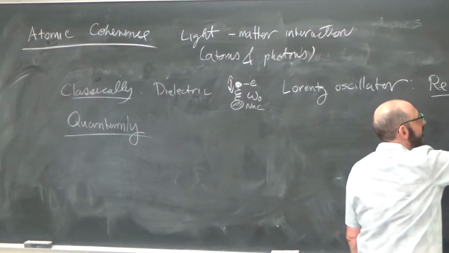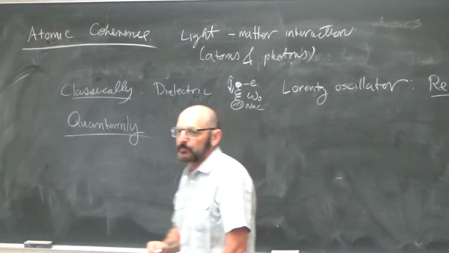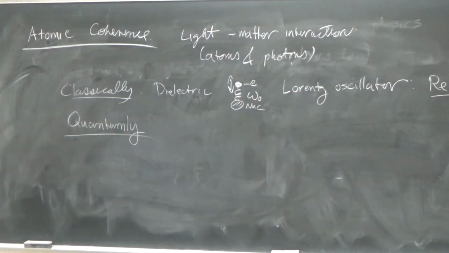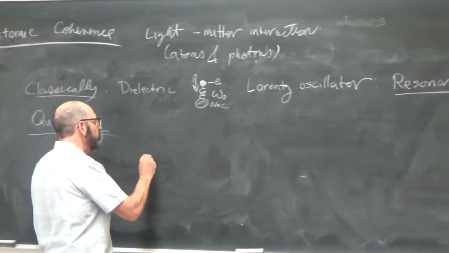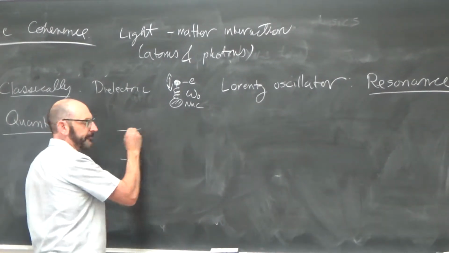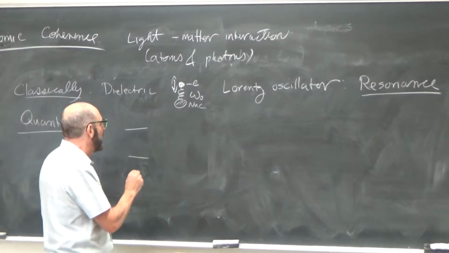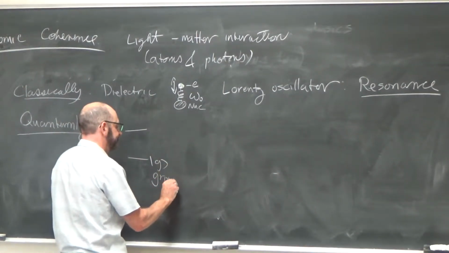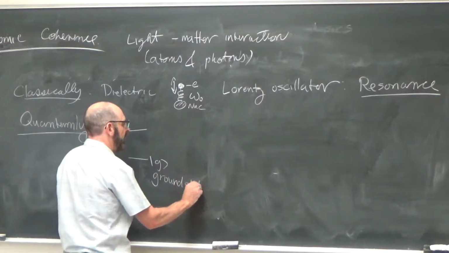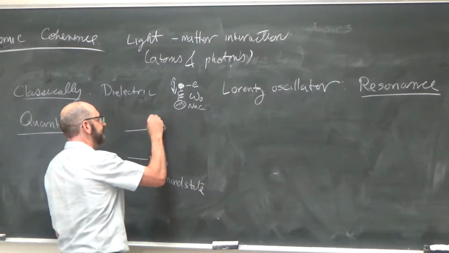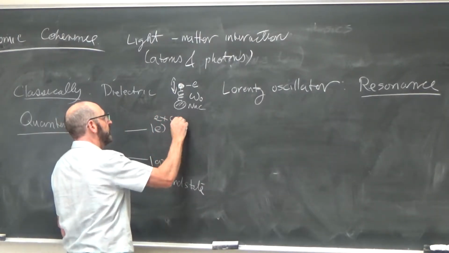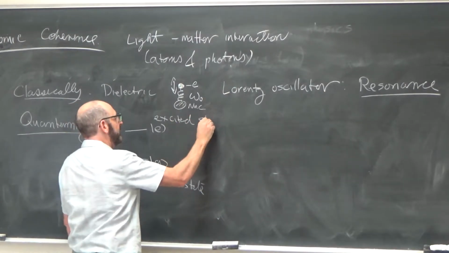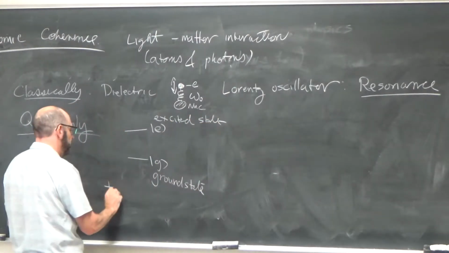That's important. Quantumly, when we think about a resonance, typically what we think about is atomic energy levels, right? We might think about a ground state and some excited state. And if we just restrict ourselves to one particular state, we call this a two-level atom.